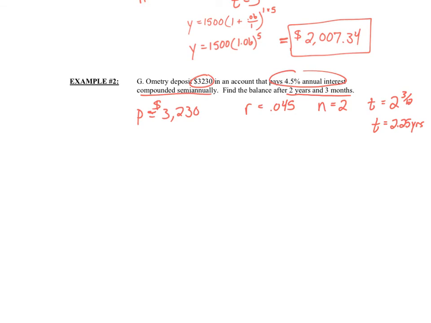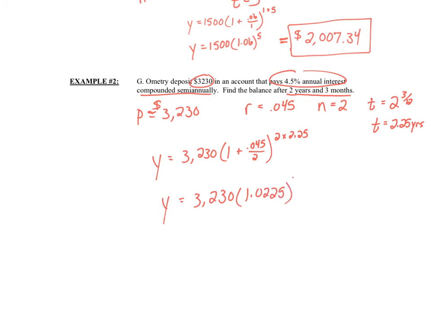Okay, so if we take our equation, y equals P, so $3,230 times 1 plus r divided by n, so 0.045 divided by n, which is 2, to the n times t power, so 2 times 2.25 power. So we have y equals 3,230 times 1.0225 to the 4.5 power.